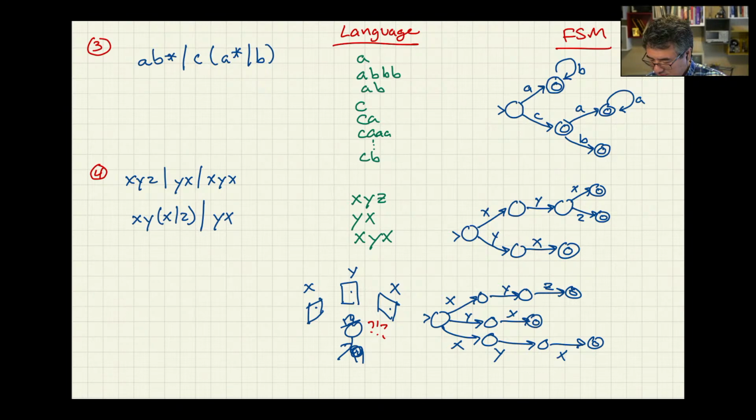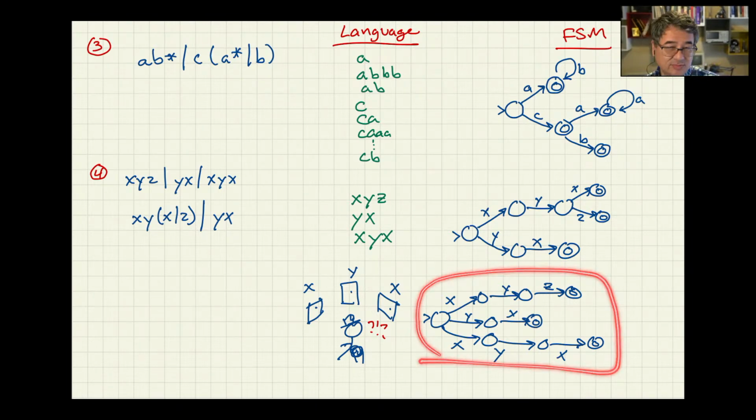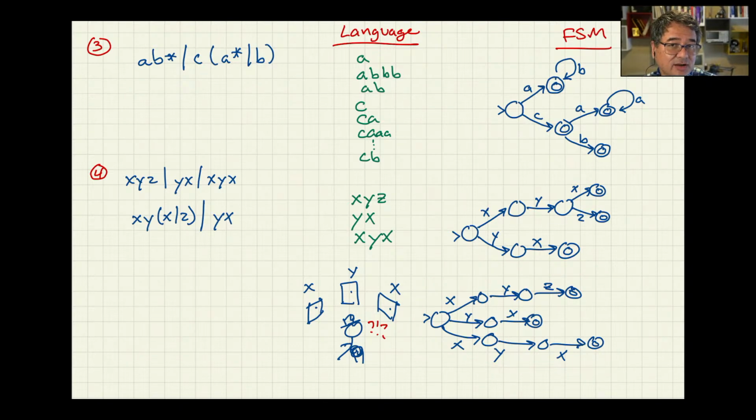Because if you were to try to make a program that represents this one, remember I did that I think last week, where I showed you it was basically a loop and a bunch of if-elses. Well, the problem here is that we've got an if-else that doesn't rely on only the current symbol. It would have to look ahead at the symbols coming later. And in this one, although we have to look ahead 2, you can imagine there might be a finite state machine where you have to look ahead 100 before you're able to finally resolve that situation.